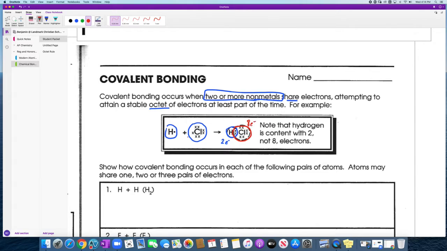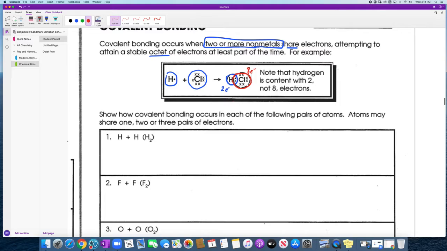Now, it's important to recognize that whenever you form a chemical bond in this way, it's when half-filled orbitals overlap. So in a covalent bond, they form when half-filled orbitals overlap.